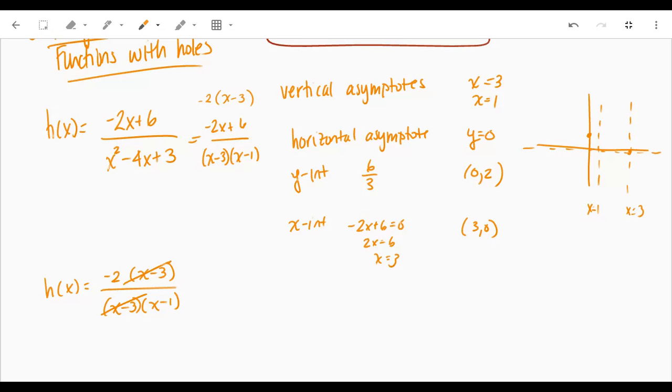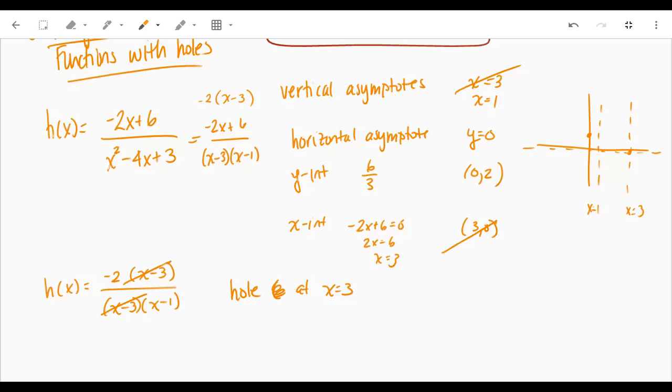So what this means is basically I go through the same process. There is no x-intercept. There is no vertical asymptote at x equals 3. It's what we call a hole in the graph. There's a hole when x equals 3.